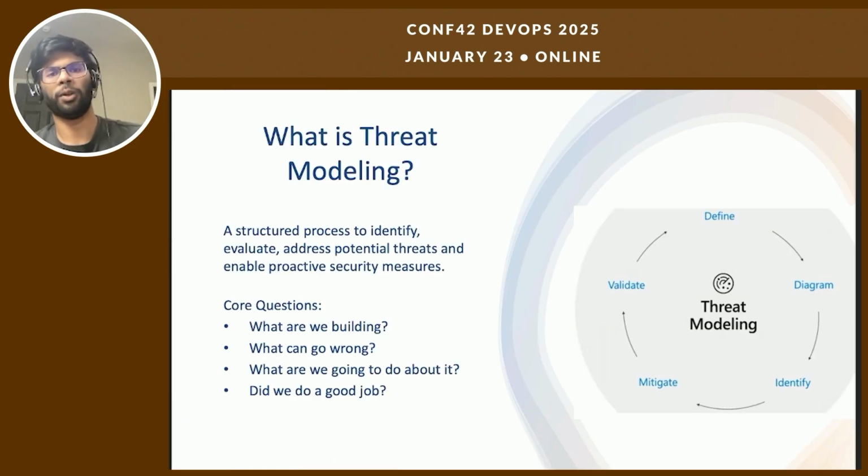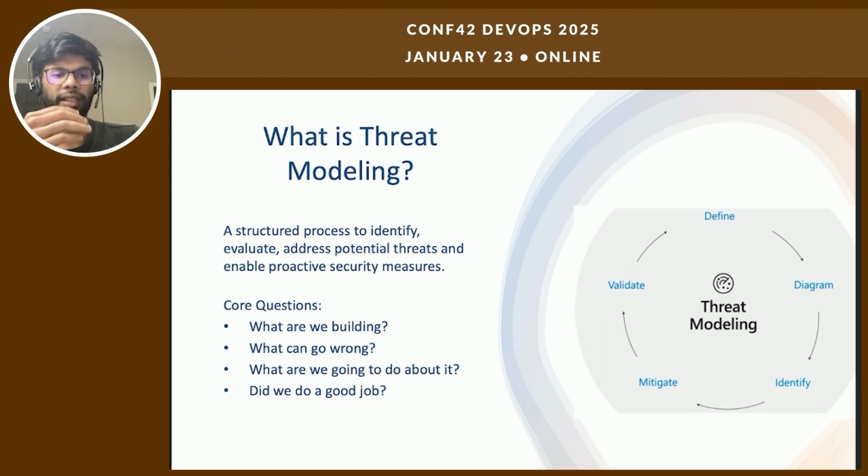Now, what is threat modeling? Threat modeling is a structured process to identify risks and mitigate them in earlier stages. This is a cycle and it is similar to any agile development cycle. We first define the security requirements of our product, such as: does it require data encryption? Does it require data persistence in a particular region?